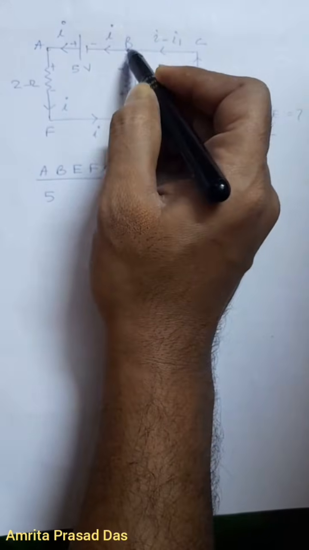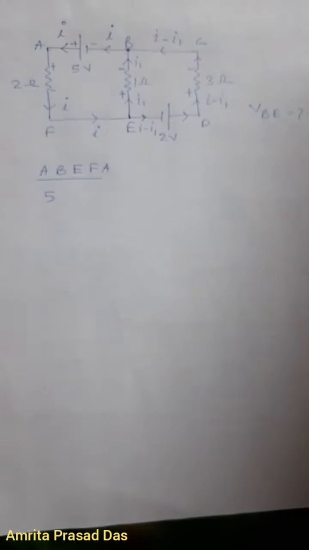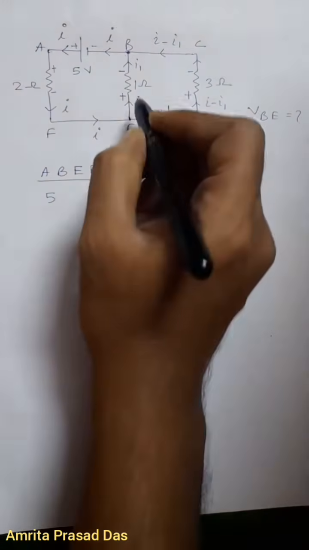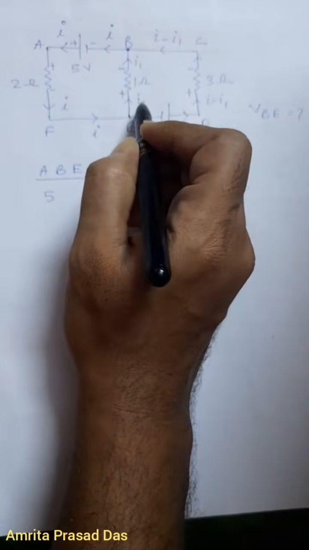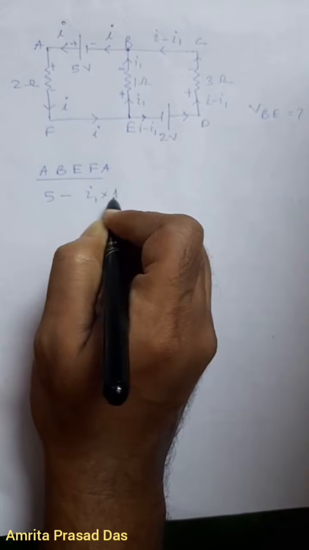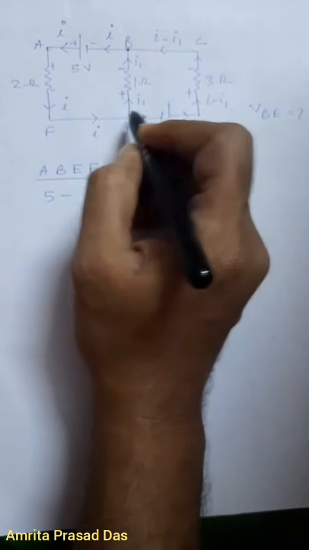Therefore we are moving from low to high potential, so the potential difference must be VB minus VE, which is negative, and this must be the current into resistance, I1 into 1. We write it as minus I1 into 1, as B is the low potential end and E is the high potential end.